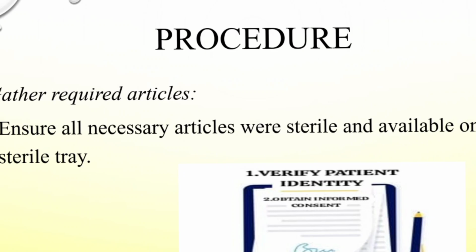This is the most important step, and we have to explain the entire procedure to the patient, that this procedure will last for 10 to 20 minutes, and then we'll take consent from the patient. Also we'll explain the sites and the purpose of the procedure, both to the patient as well as the attendant.